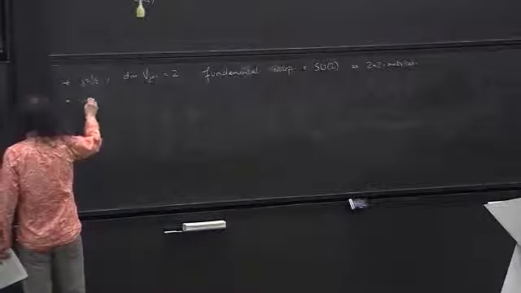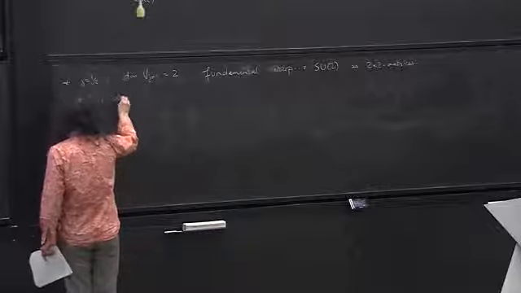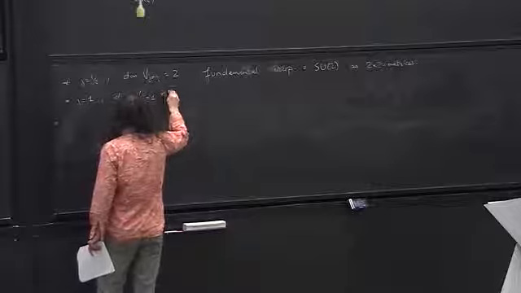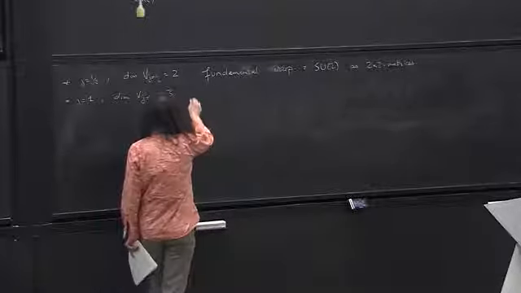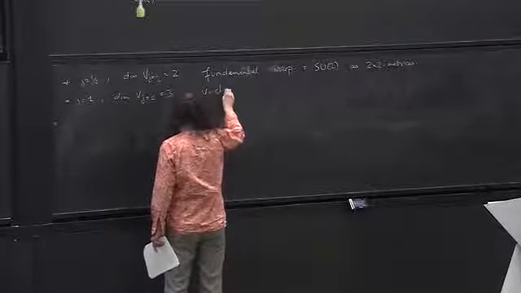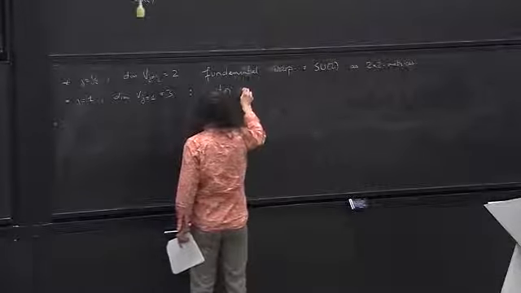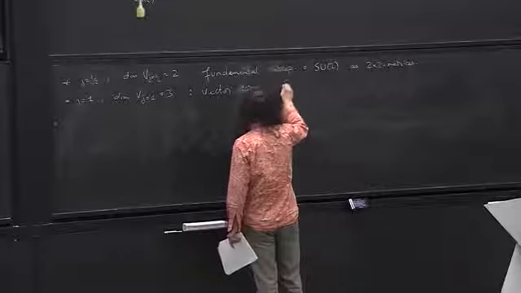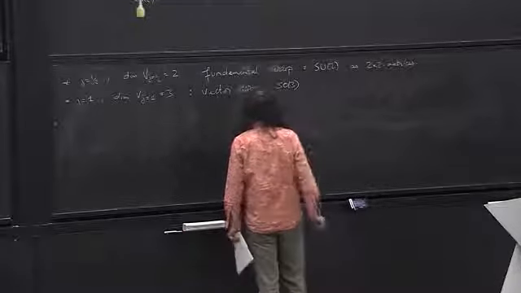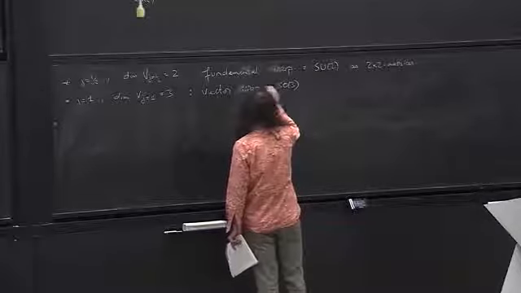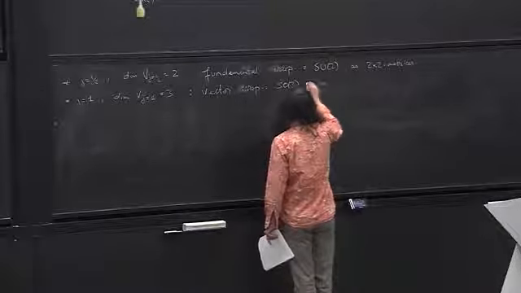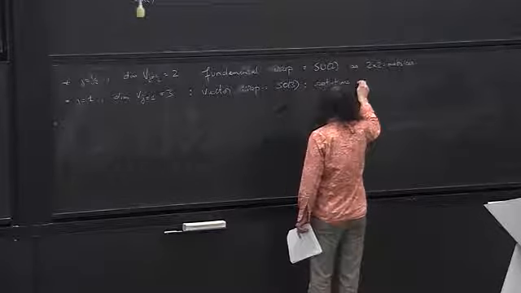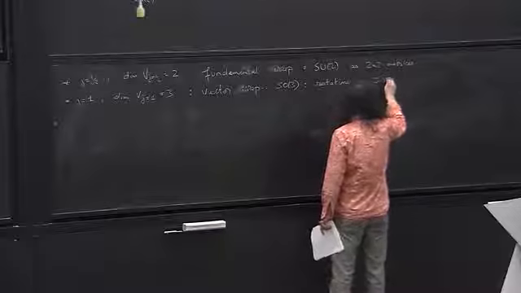Then j equals 1, and then I stop. So the dimension of V for j equals 1 is 3. So it's called the vector representation, and it's actually SO(3): rotations on vectors, on 3-vectors.